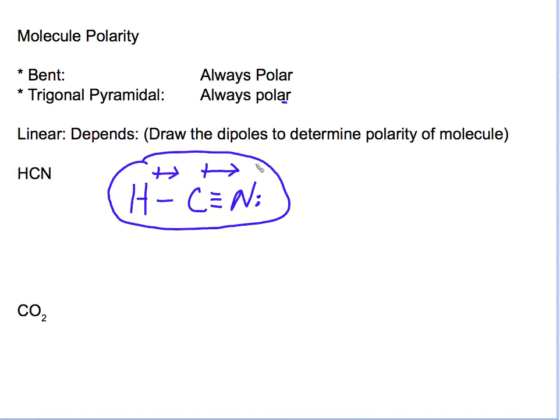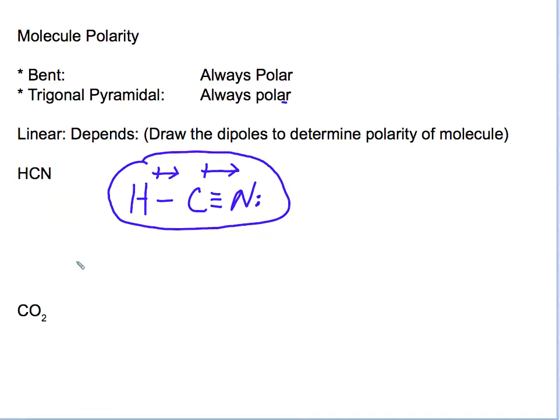There would be more electrons on this side of the molecule versus this side over here. The electron density is concentrated to the nitrogen side because nitrogen is more electronegative. It's going to attract electrons better to itself than these other two. And carbon is slightly more electronegative than hydrogen, so it would attract it just a little bit more over here.